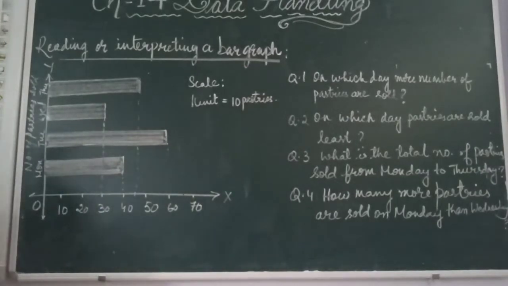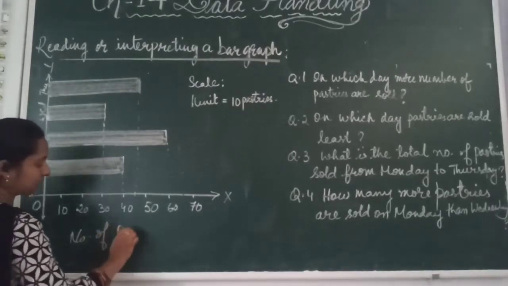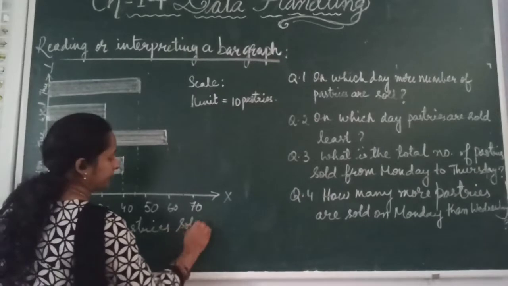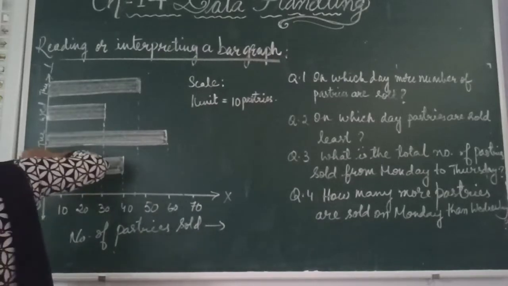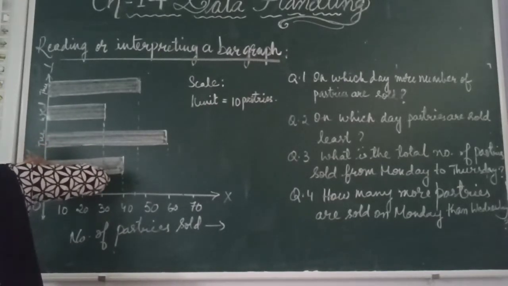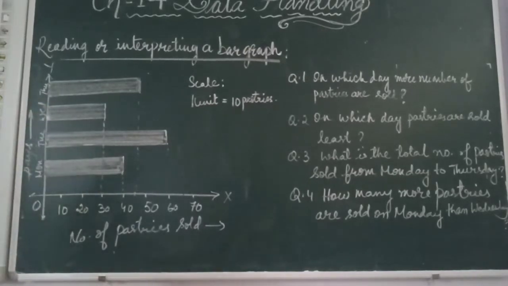Like here, the number of pastries sold is given along the x-axis. How many pastries are sold? And the days are given along the y-axis.